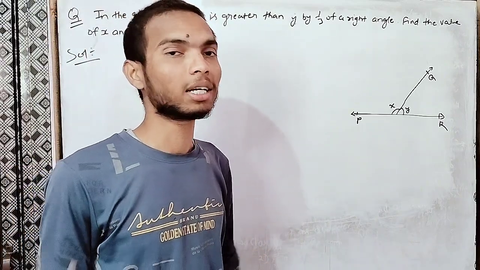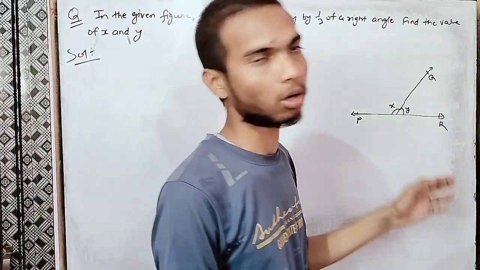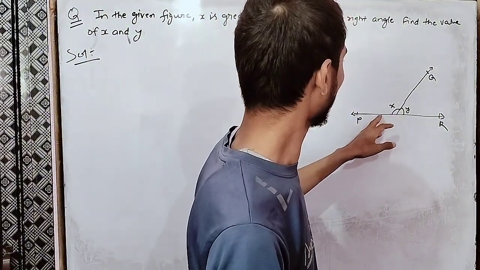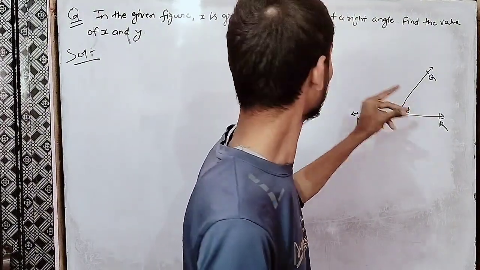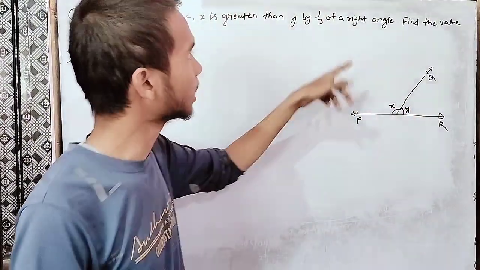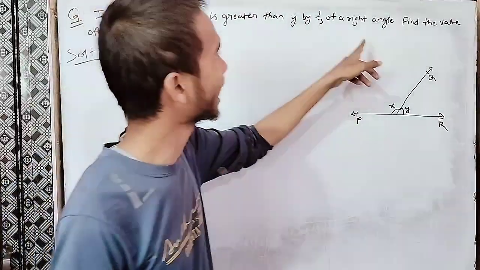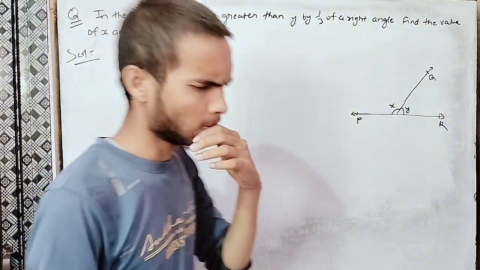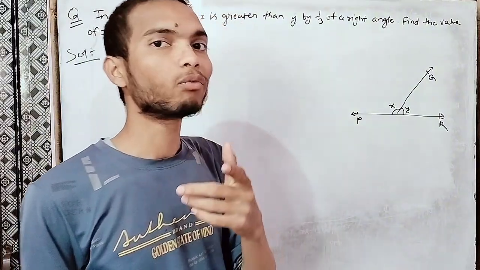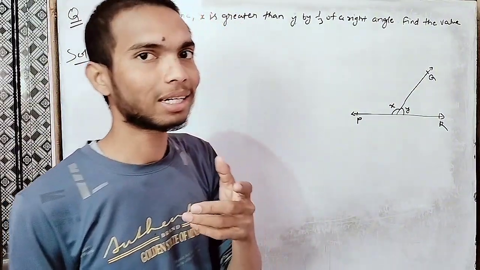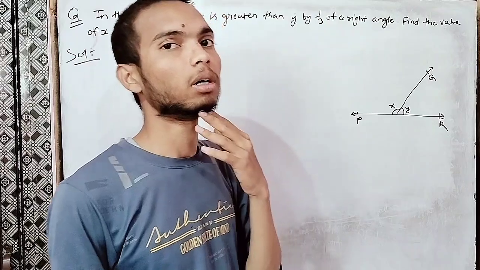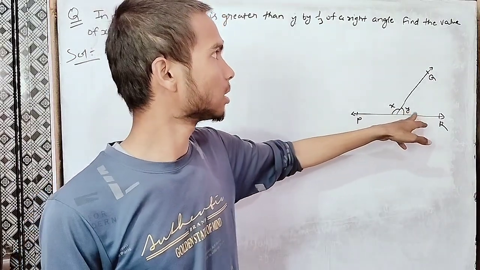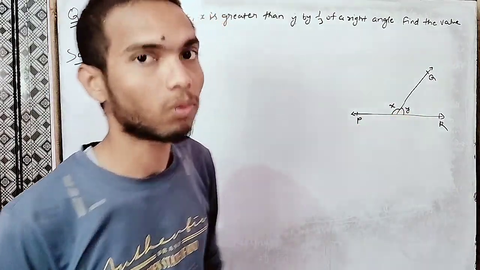That's why y is acute and x is obtuse. x is greater than y by 1 by 3 of a right angle. The main point is to find the exact value of x and y.